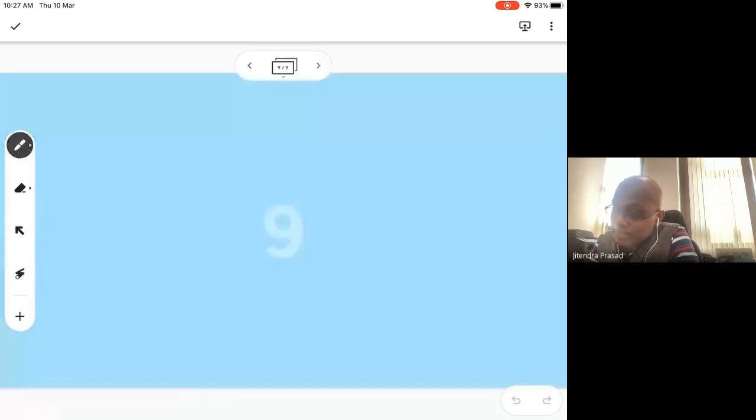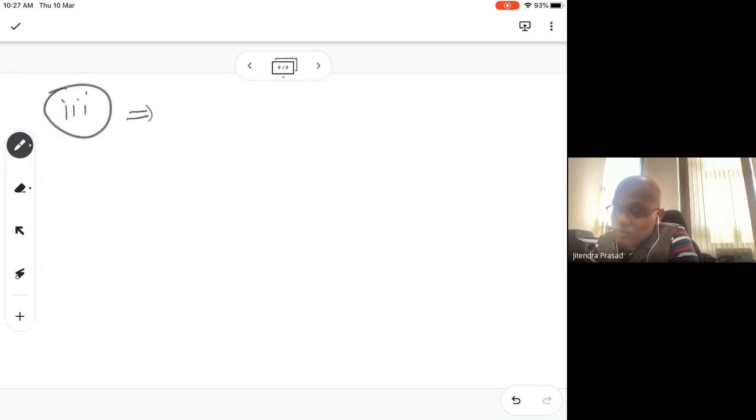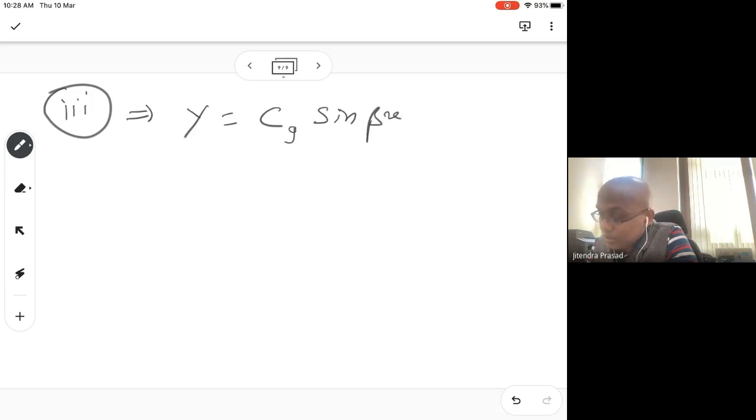So from 3, we get X equal to, let's write the constants as 1, 2, 3, 4, C8 we already have used, so let's say C9 sine beta x plus C10 cos beta x.